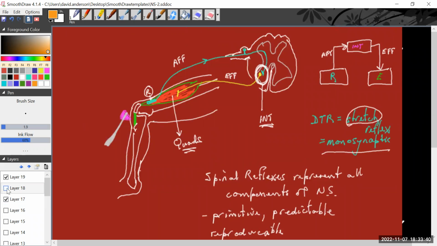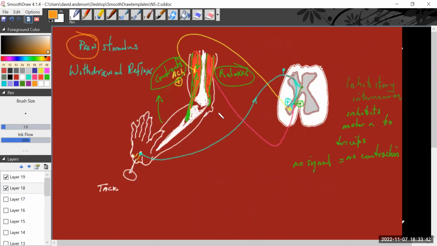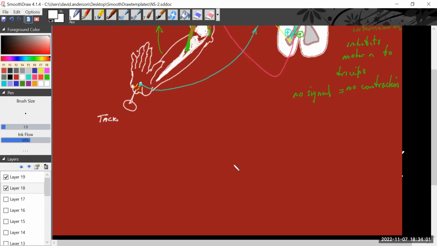In the case of pain, that's a little different. It's not going to match up with homeostasis in that case, but it is a survival reflex. And in some ways it is reversing the stimulus, because you're removing the stimulus when you lift away from that tack. But again, if we want to look at the components of the nervous system, they're all represented here.